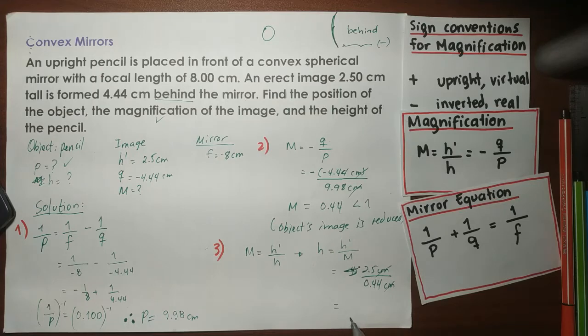Cancel here, and you will have 2.5 divided by 0.44. The height of the pencil initially was 5.68 centimeters.